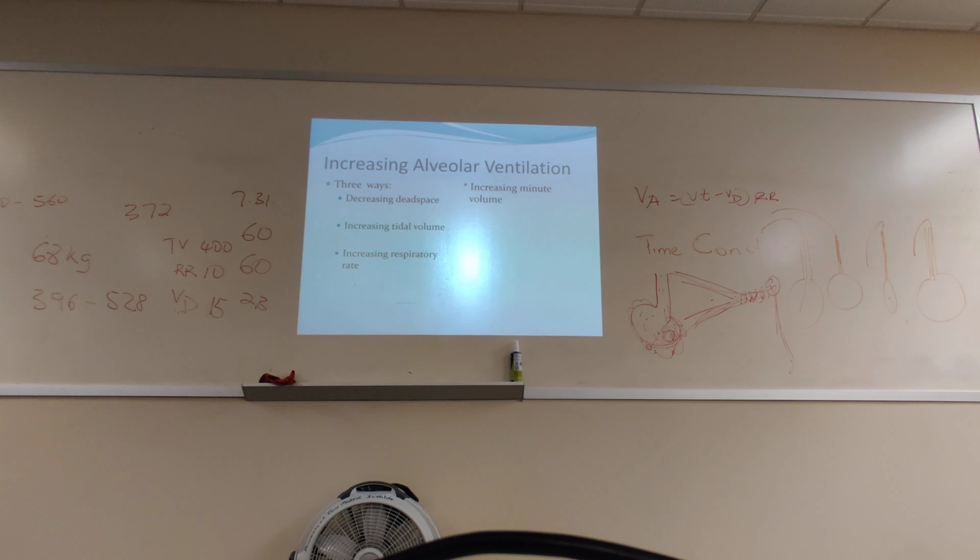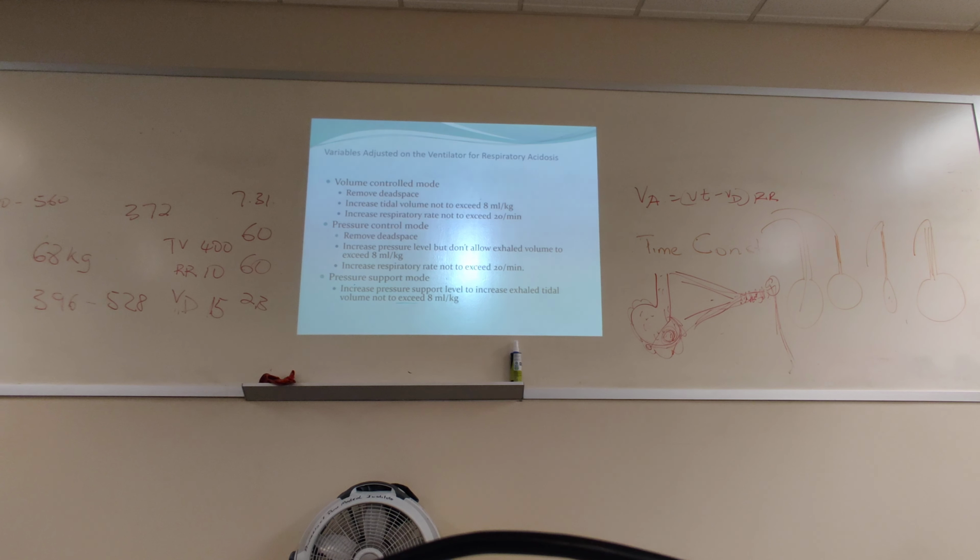Now let's say the patient is on a volume controlled mode. They have respiratory acidosis. How are you going to fix it? Volume control mode is like SIMV-VC or AC-VC. The first thing you do is remove dead space if they have dead space.